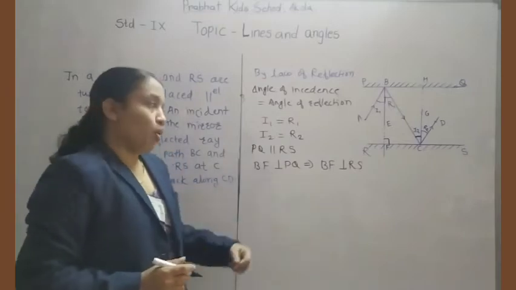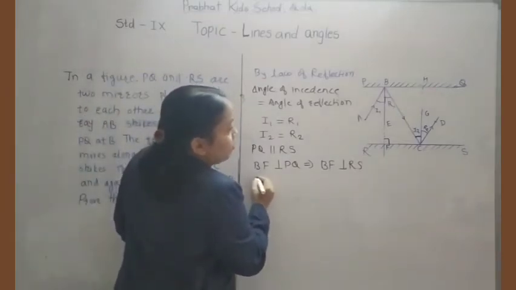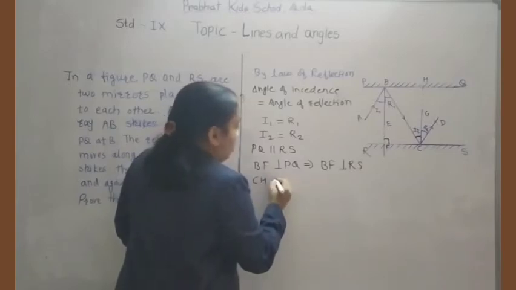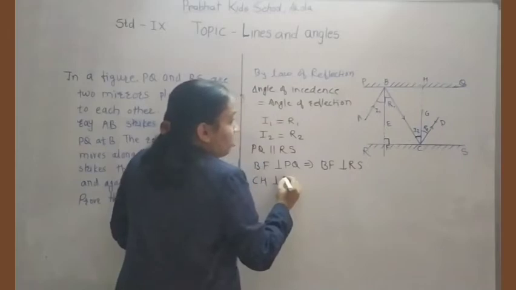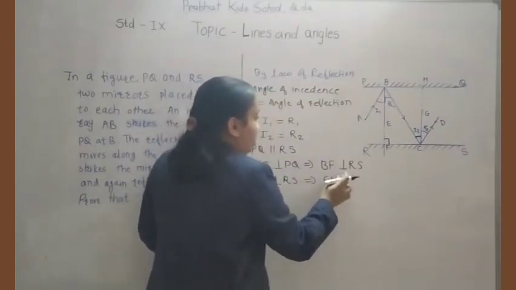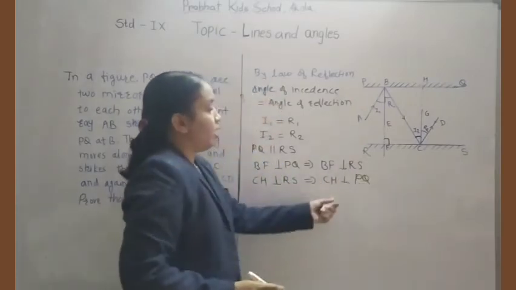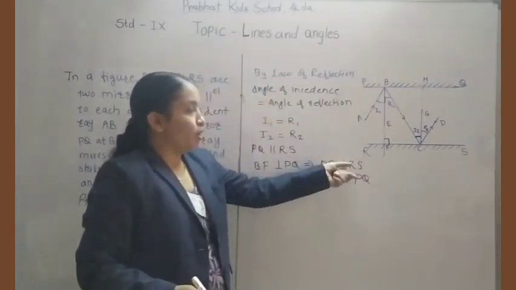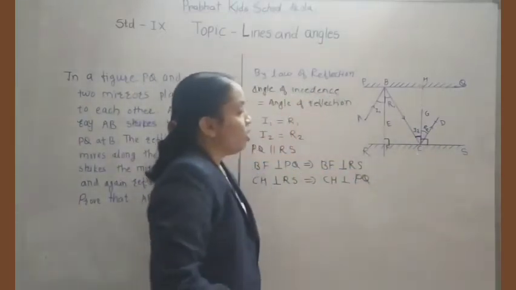We have discussed this property already. Similarly, CH is normal, so CH is perpendicular to RS. This implies that CH is perpendicular to PQ because PQ and RS are parallel lines and both are perpendicular. So now this angle is 90 and this angle is also 90.